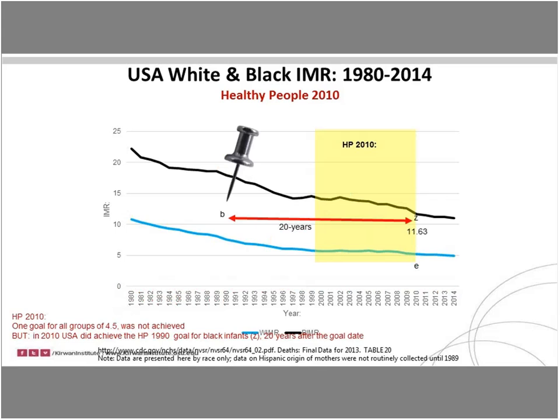But what was significant for 2010 is that for the first time ever, we achieved our 1990 black infant mortality rate goal. That means that 20 years after that original goal date, we achieved our Healthy People 1990 goal for black babies.